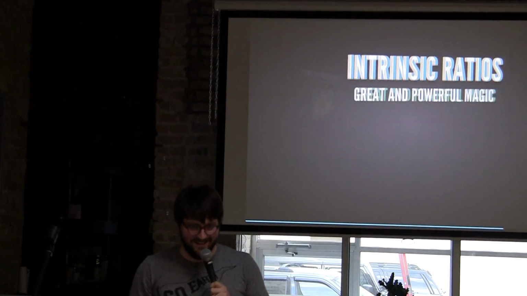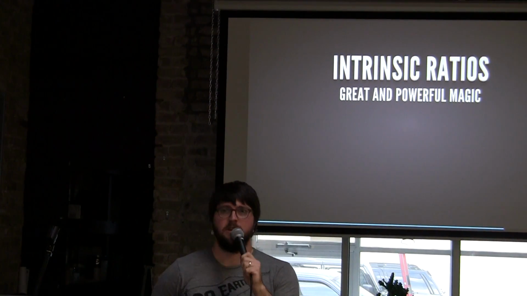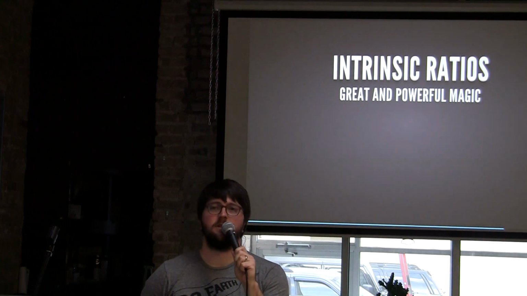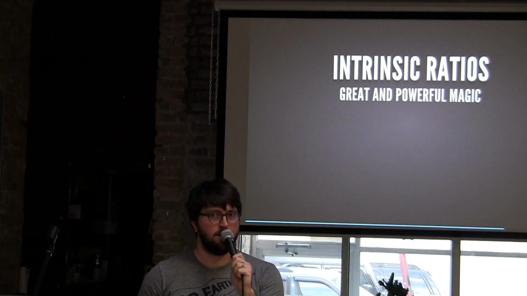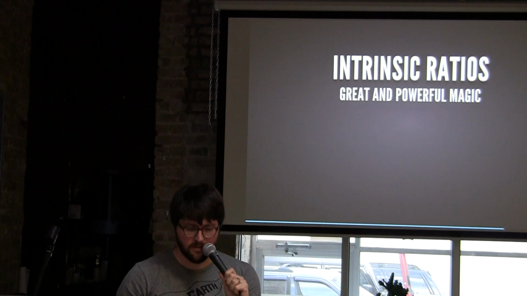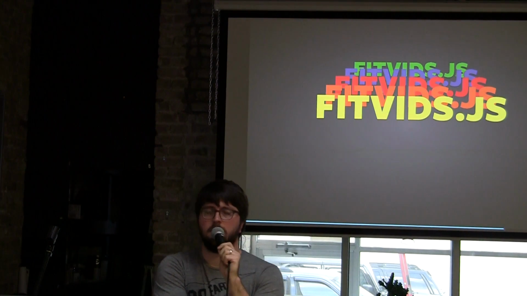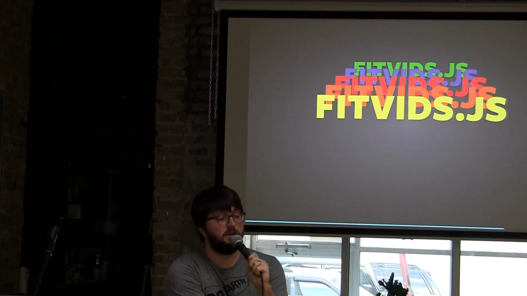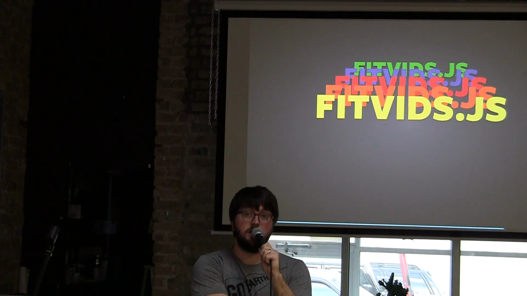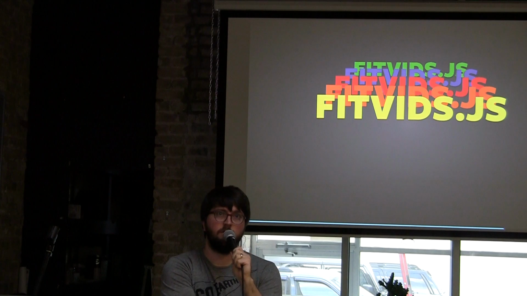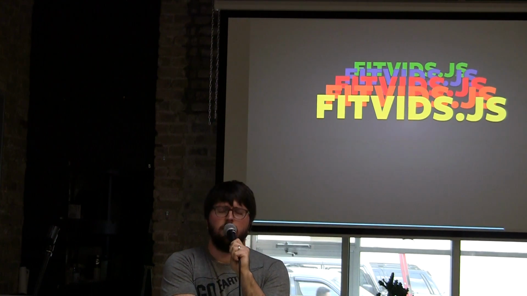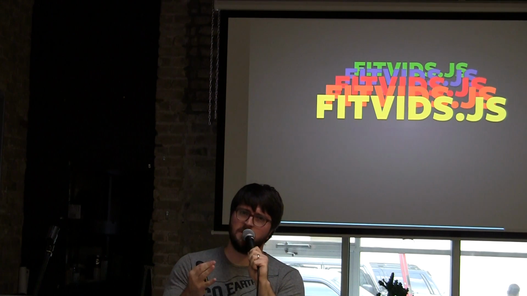All right, moving on. Intrinsic ratios. Who knows what an intrinsic ratio is? These are basically aspect ratios. We use them on FitVids, which is like I described before. FitVids is a tiny jQuery plugin for embedding YouTube videos in a responsive web design.